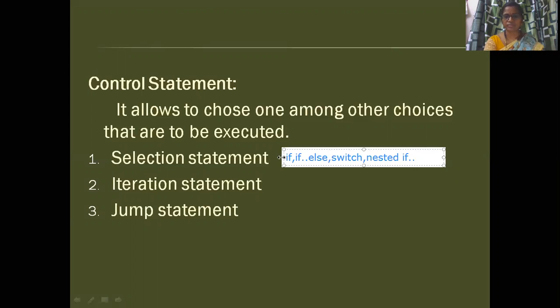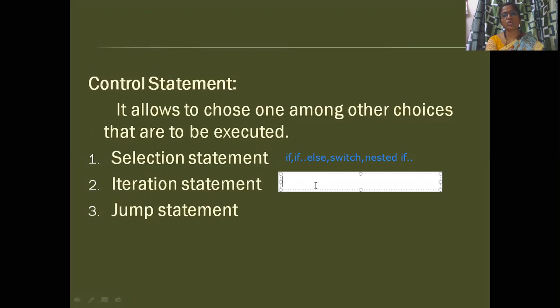In the same way, for iteration, as the name indicates, if you want to repeat anything, like I want to print a statement, suppose I want to print hello, it will print only one time.